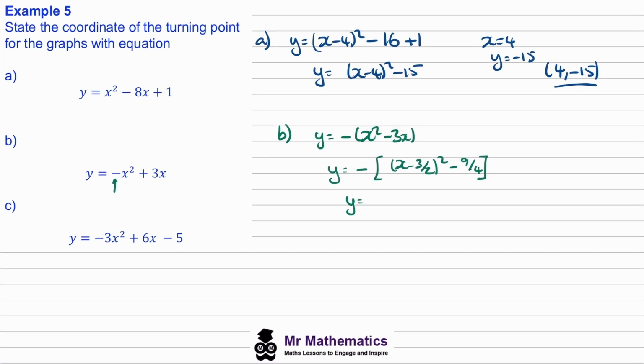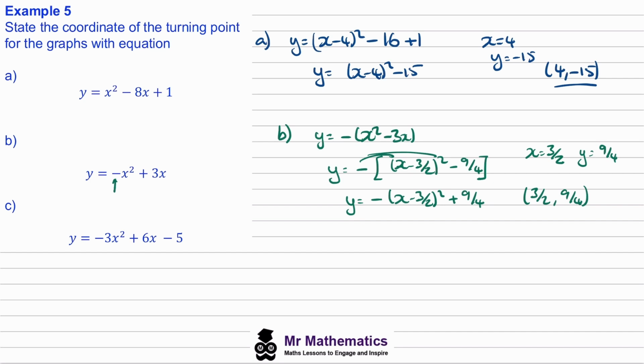So y will equal, expanding out this bracket now, negative x minus 3 over 2 squared plus 9 over 4. Our minimum will be when this is 0. So x will equal 3 over 2. And then y will equal 9 over 4. So that will be our turning point.